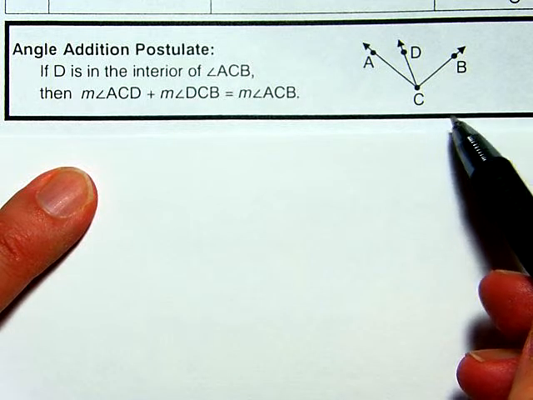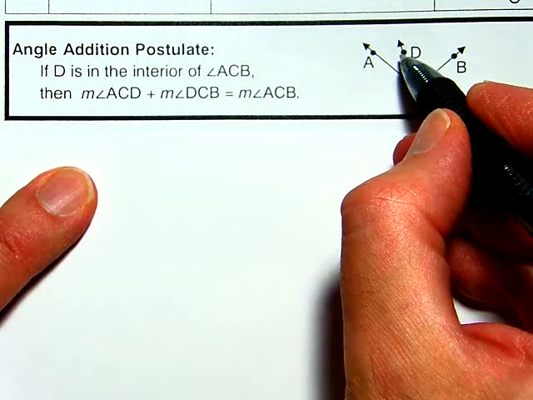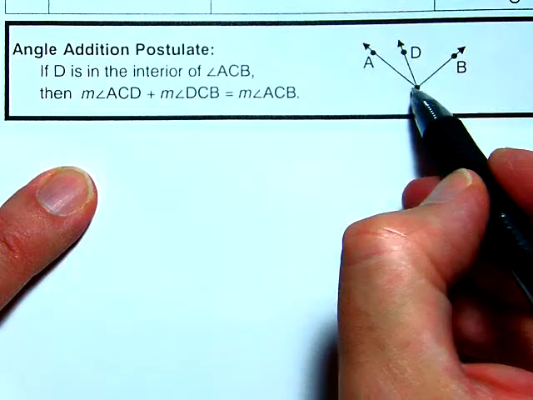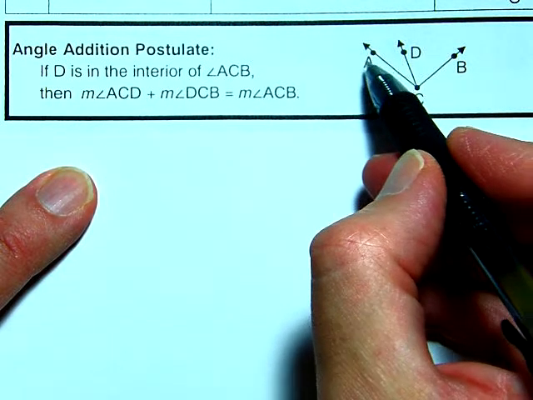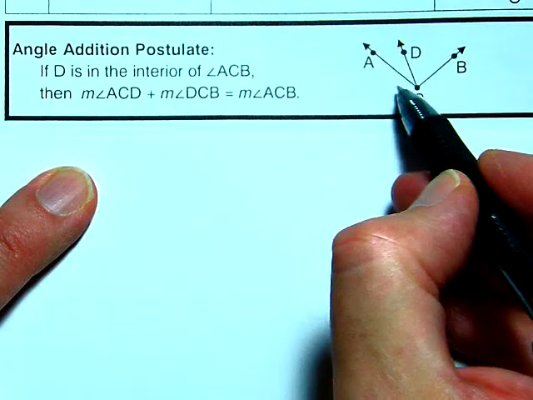If point D is in the interior of angle ACB. Okay, so ACB is the outermost angle formed by ray CA and ray CB.